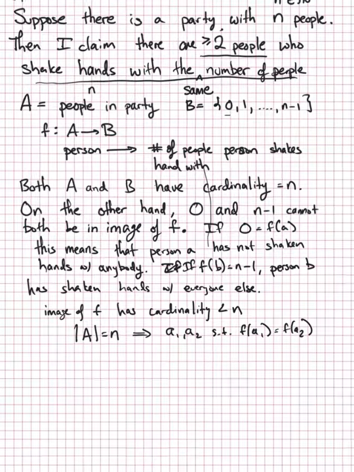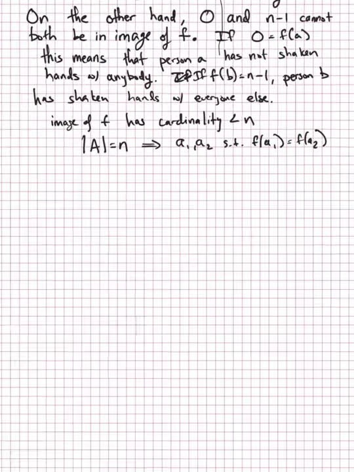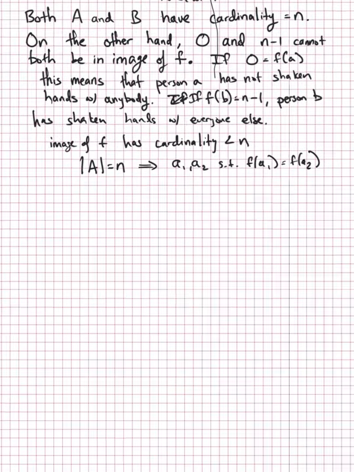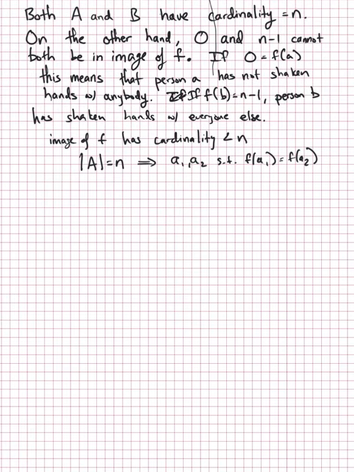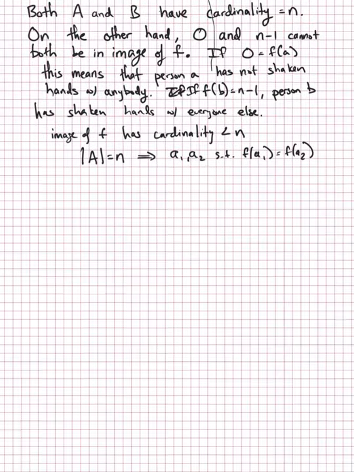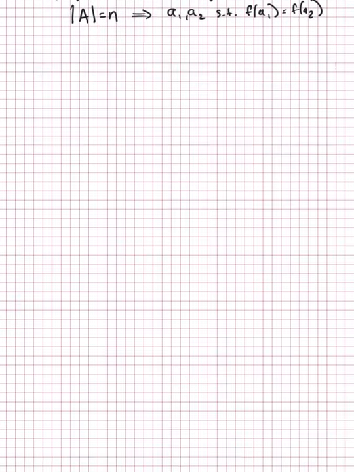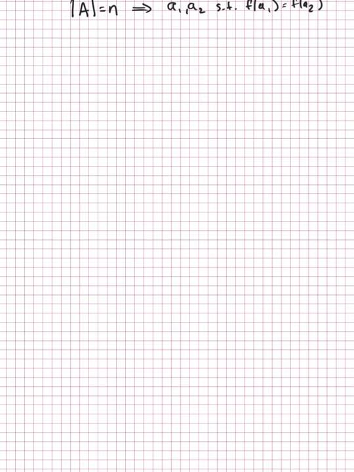You can say the same thing, that there's going to be two people in the United States that have the same exact number of hairs on their head. Why? Well, there's 350 million people here, and I think we have much less number of hairs on our head than that.